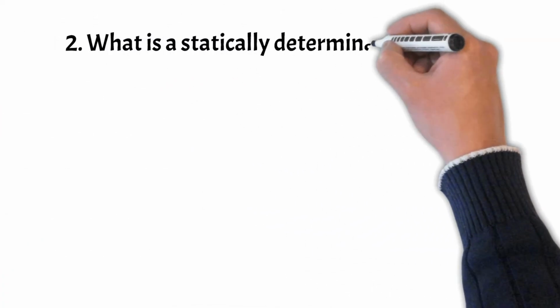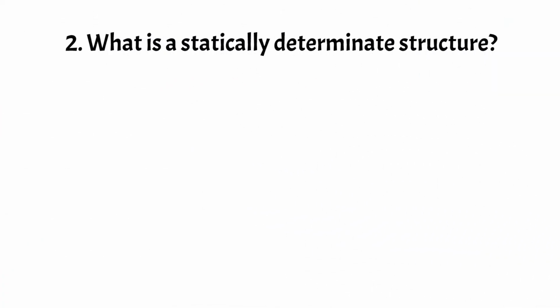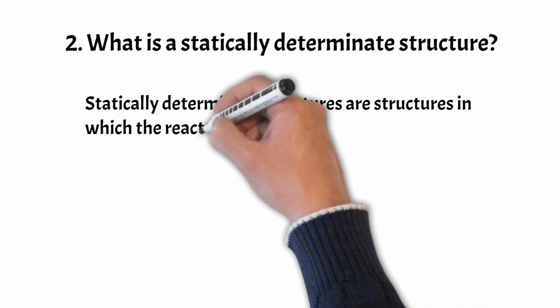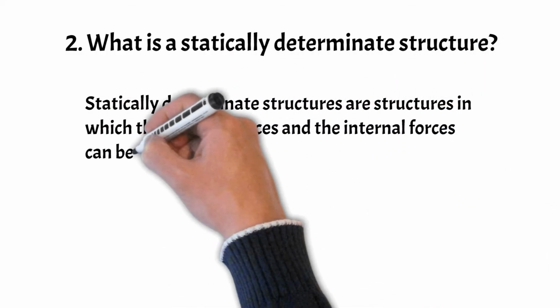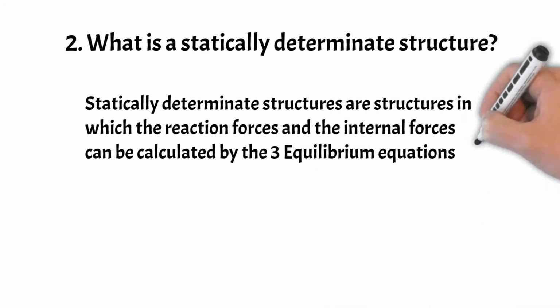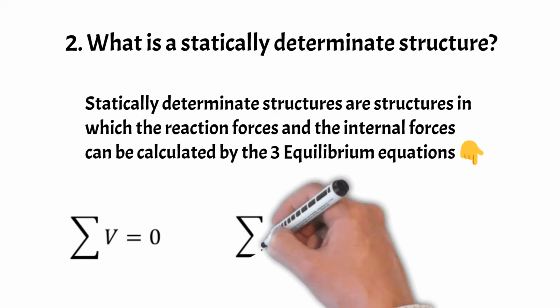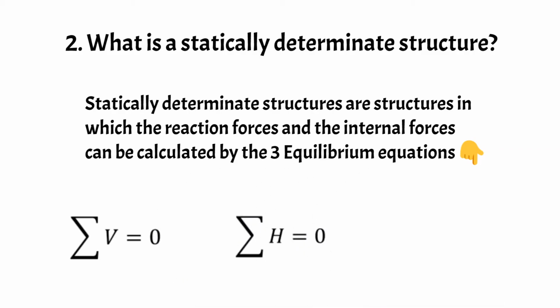Alright, so what's a statically determinate structure now? Statically determinate structures are structures in which the reaction forces and internal forces can be calculated by the 3 equilibrium equations, which are saying that all vertical loads and forces are equal to 0, all horizontal loads and forces are equal to 0, and all moments are equal to 0.